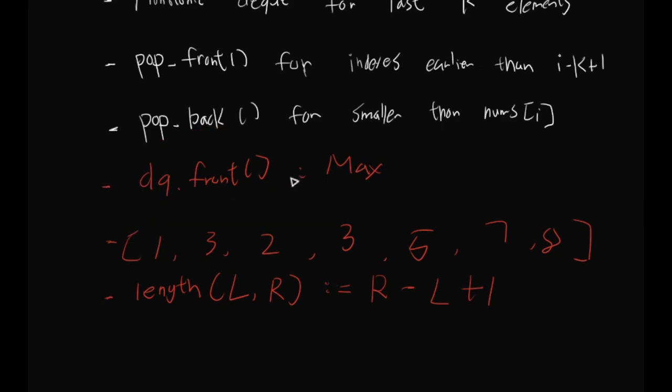With this helper function, we can calculate how many times this dq.front, which is the max, appears. We know the current index is, for example, i here. So the earliest start is i minus k plus 1, given the restriction of k.